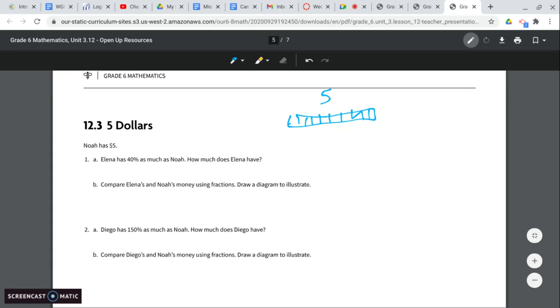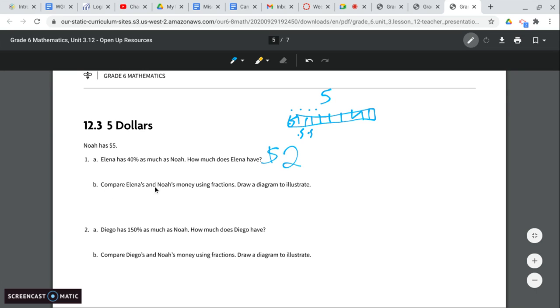So each one of these would be 50 cents. 50, 50. So 10 of the 50 cents is going to give us $5. And so if we're looking at 40%, well, this would be 10%, 20% would be $1, 30% would be $1.50, 40% would be $2.